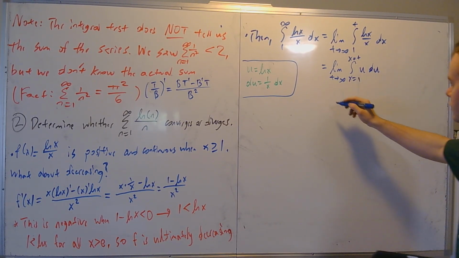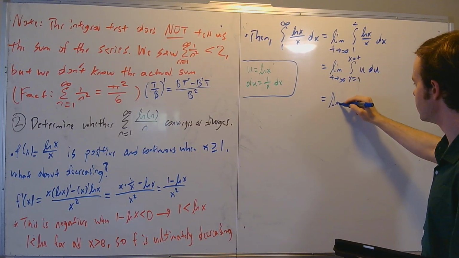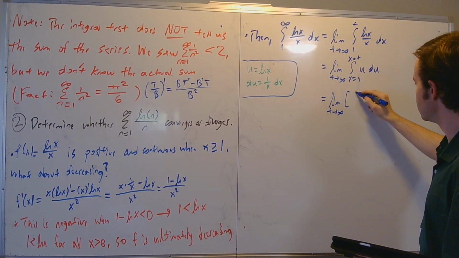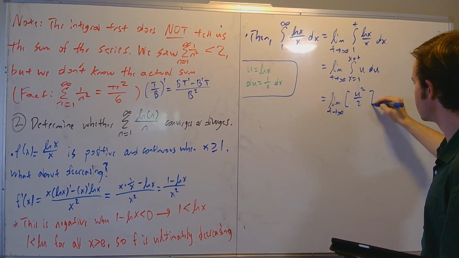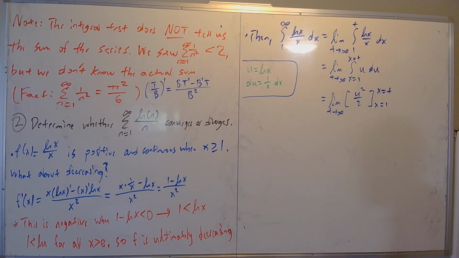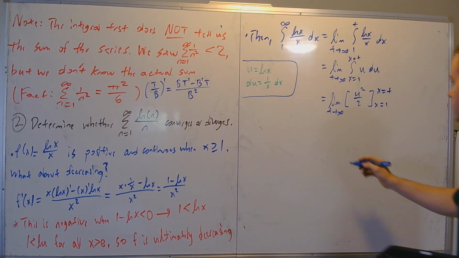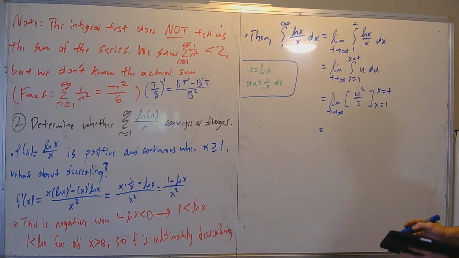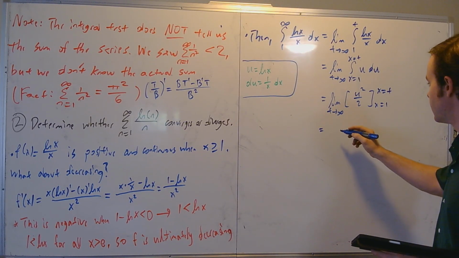So now we take our integral, and we're going to get the limit as t goes to infinity of u squared over 2 from x equals 1 to x equals t. But remember, this is from x equals 1 to x equals t, so we need to replace what u was. If we change the limits, we don't need to replace what u was, but here we do need to replace what u was because we didn't change the limits.